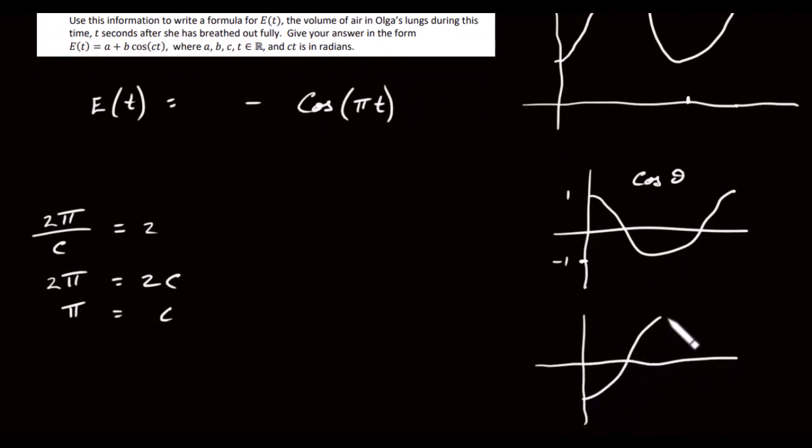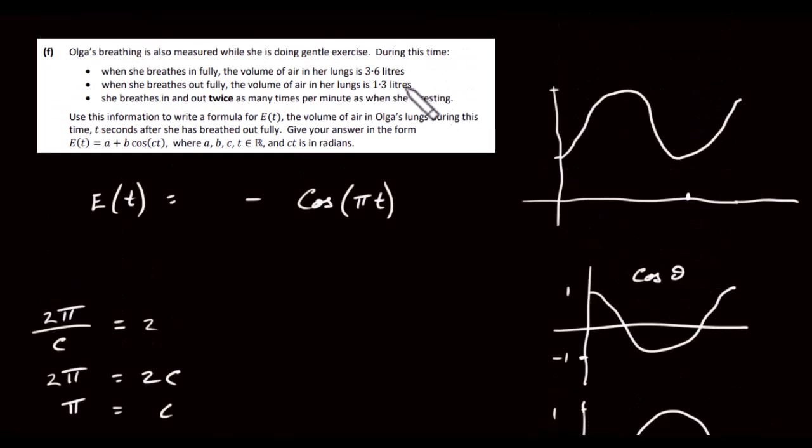This time it's going to start here, go up here, and then down here like this. So again, it'll still be -1 and 1 here, our range. So if we take the minimum and maximum here, the range of our function, it's going to be from 3.6 to 1.3. Now, if you take 3.6 minus 1.3, that gives you 2.3. Half that will give you the amplitude. So the amplitude is 1.15, and that in fact is going to be the B part here, 1.15.